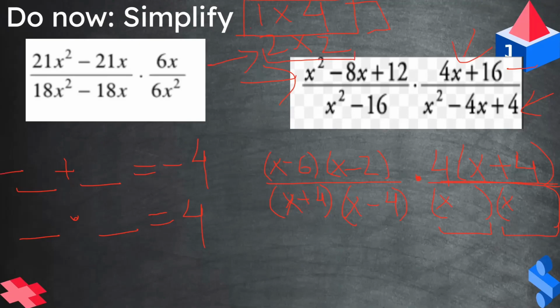Let's negate them. -2 minus 2 gives you -4. And -2 times -2, does that give you +4? Yes, that does. Check.